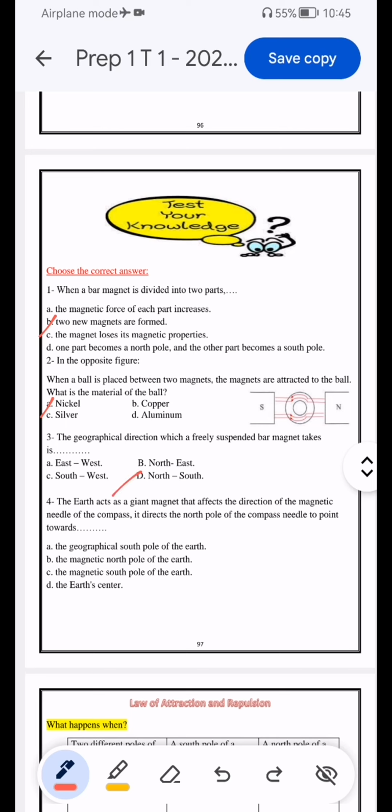Number 4, the Earth acts as a giant magnet that affects the direction of the magnetic needle of a compass. It directs the north pole of the compass needle to point toward what? As we said, to the magnetic south pole of the Earth.